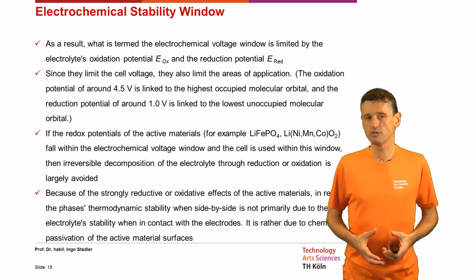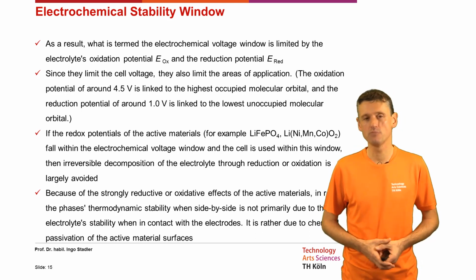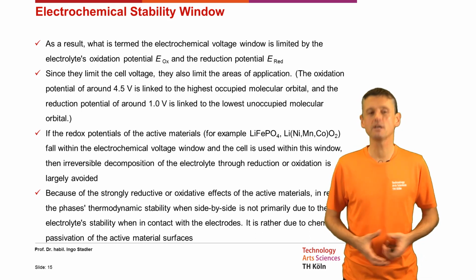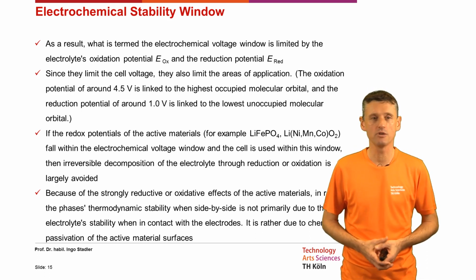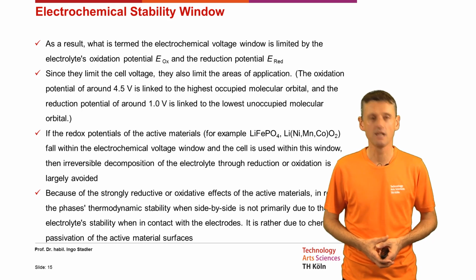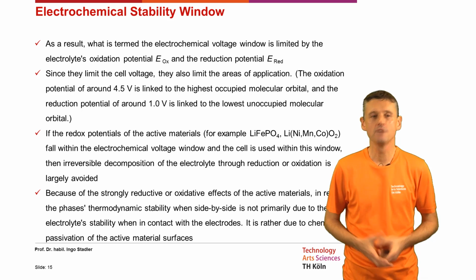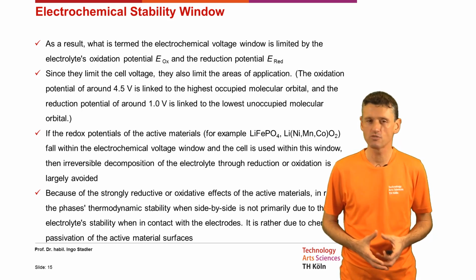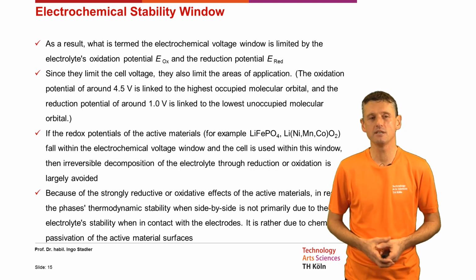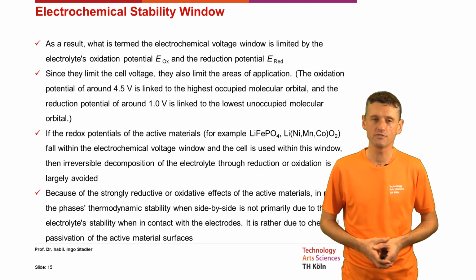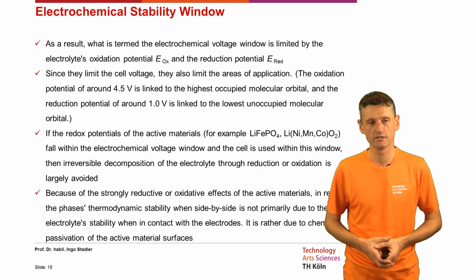The oxidation potential of around 4.5 volts is linked to the highest occupied molecular orbital, and the reduction potential of around 1 volt is linked to the lowest unoccupied molecular orbital. If the redox potentials of the active materials fall within the electrochemical voltage window and the cell is used within this window, then irreversible decomposition of the electrolyte by reduction or oxidation is largely avoided.